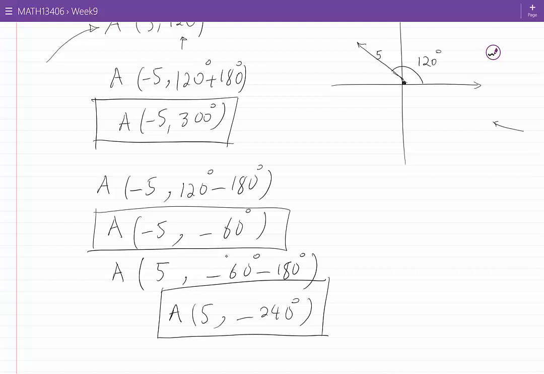The angle we get will be less than negative 360 degrees. Therefore, we found 3 other representations of point A with the characteristic of the angle being between negative 360 degrees and 360 degrees.